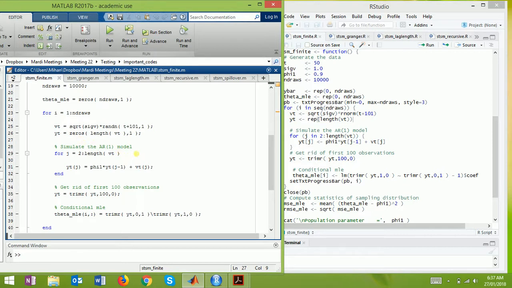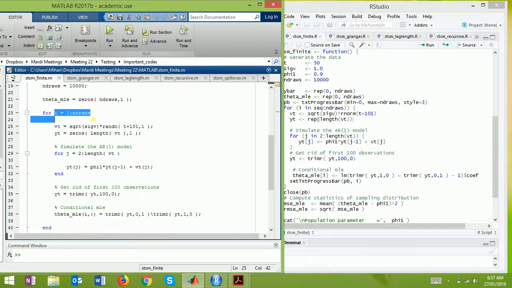And then we're going to store yt. So we are going to simulate the AR1 model, which will run from 2 to the length of the residual, which is simply the simple equation, and then it will simulate up until it matches the size of v.